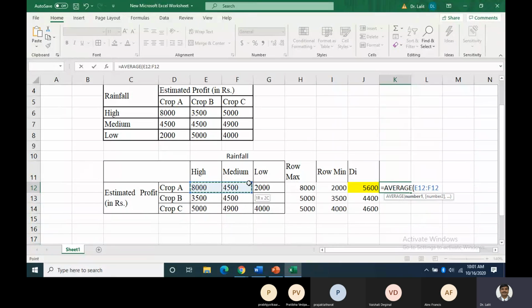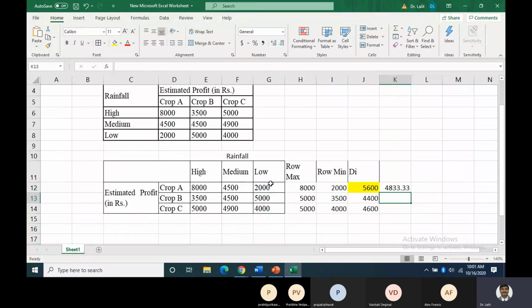Predefined functions are available in MS Excel, so I'm using those functions. But आपको ये calculation manually करना पड़ेगा. ठीक है? So these are the average payoffs. Average payoffs are 4833, 4333, and 4633 respectively.